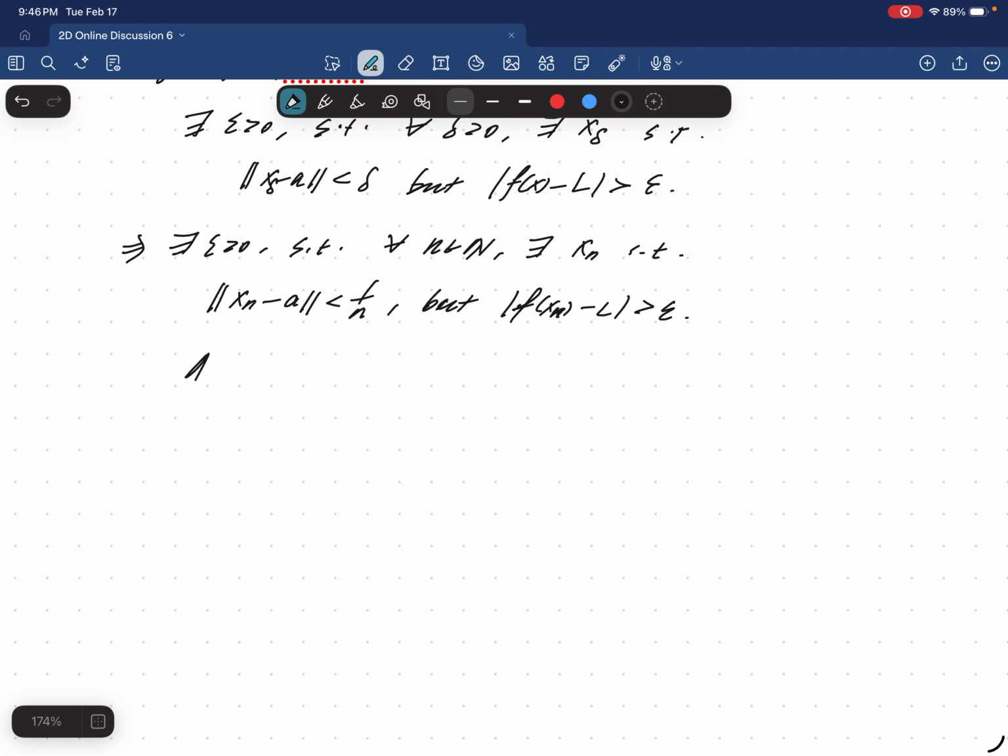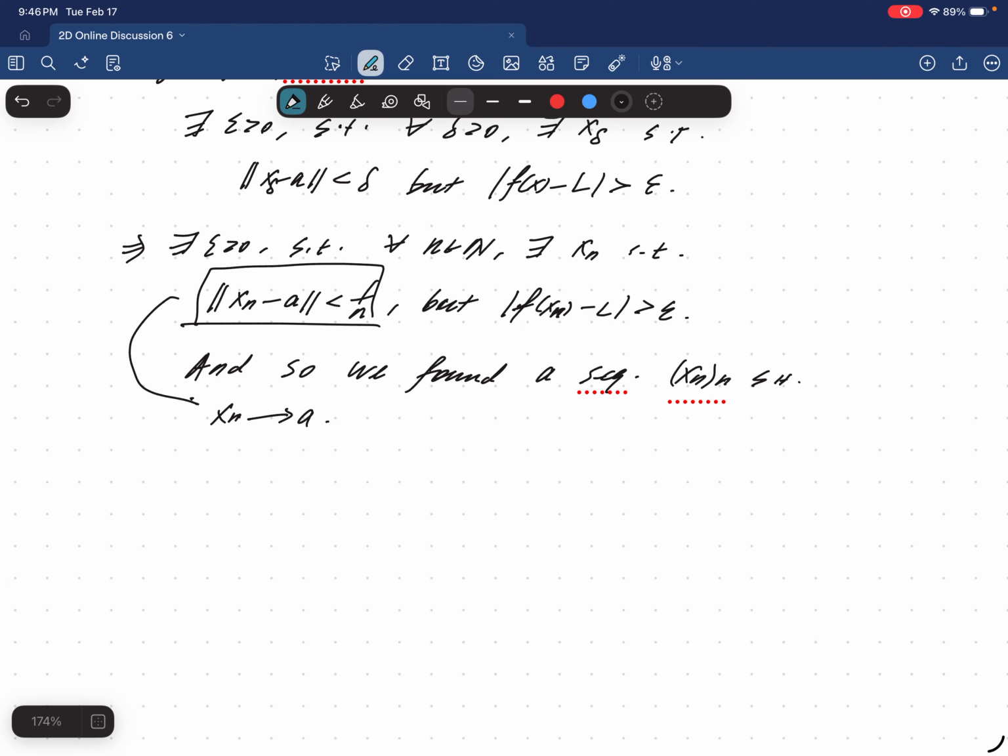And so, in this case, we've created a sequence xn such that xn converges to A, right? Because this is true.